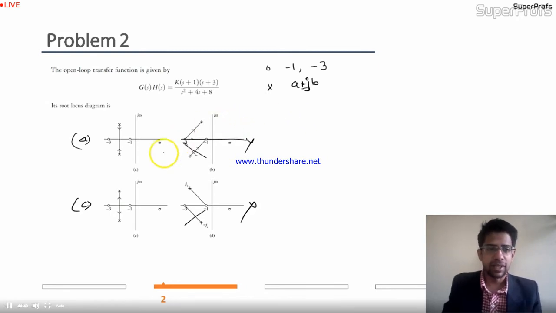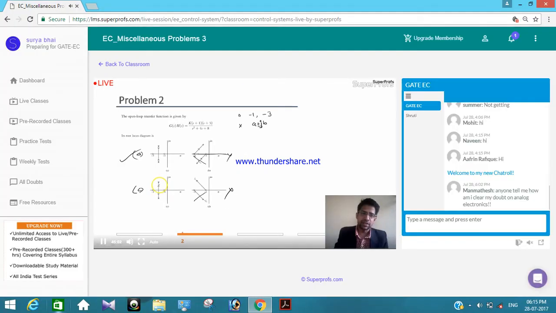So in which case is the correct answer? A is the correct answer, because in A the root loci are originating from the poles and going towards the zeros. In this case the diagram is wrong, as the root loci are traveling towards the poles. So C is wrong, A is correct. Okay. So this is how you can find out the correct answer.